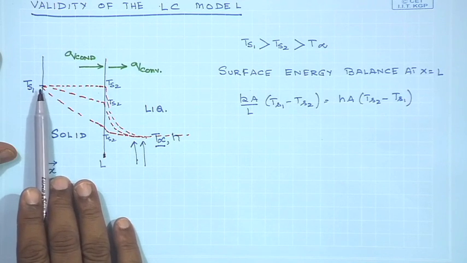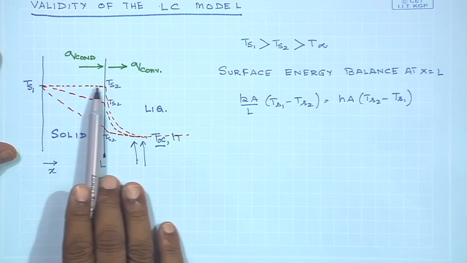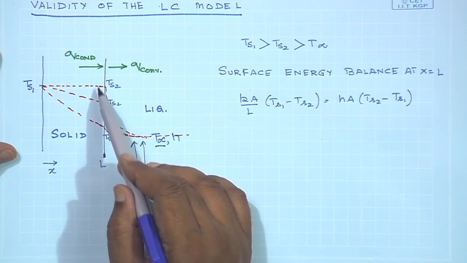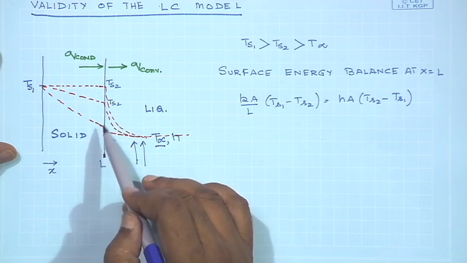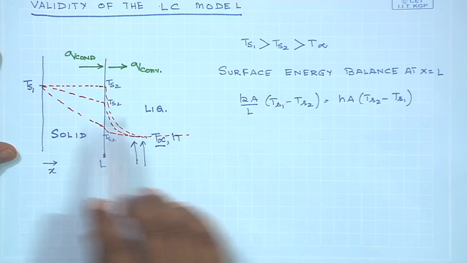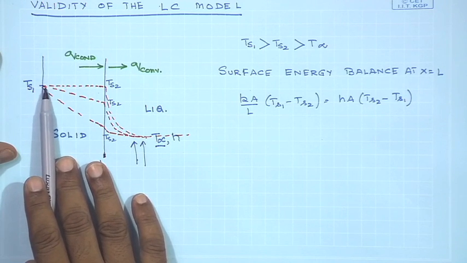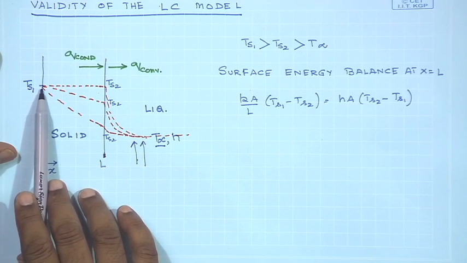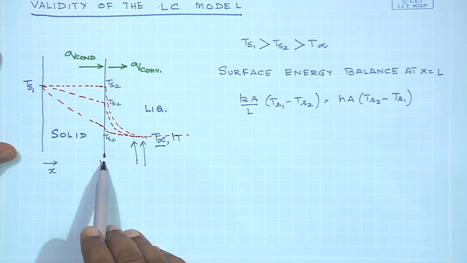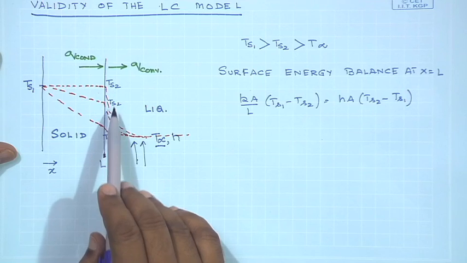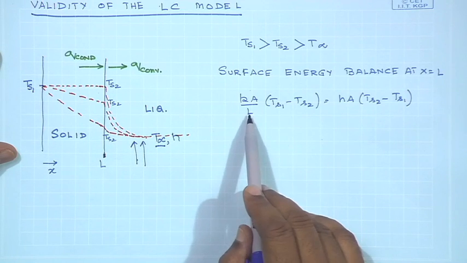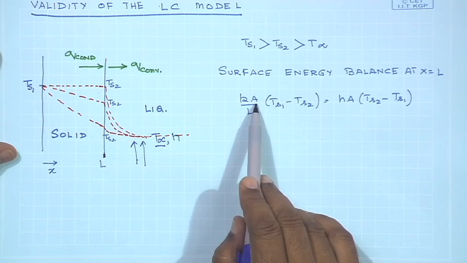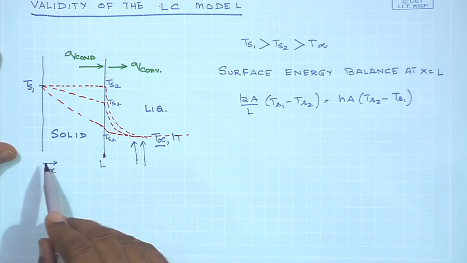So, of course, the heat is going to flow from x equals 0 to x equals L, and then by convection to beyond. So, if I do the surface energy balance at x equals L, what I can say is that at steady state, the amount of heat which comes from the location x equals 0 at a temperature Ts1 to a location x equal to L, which could be at a temperature of Ts2, in the conductive flow of heat would simply be k times A, which is the cross sectional area, times Ts1 minus Ts2 divided by L, where L is the distance between these two.